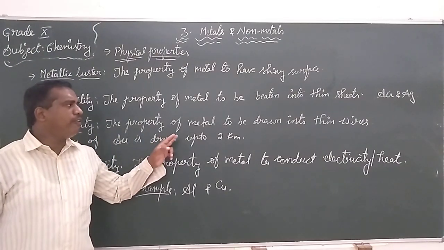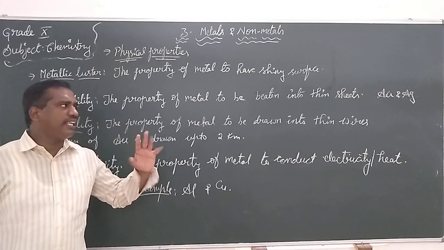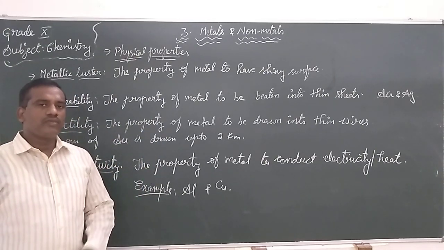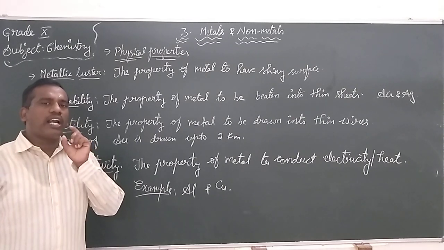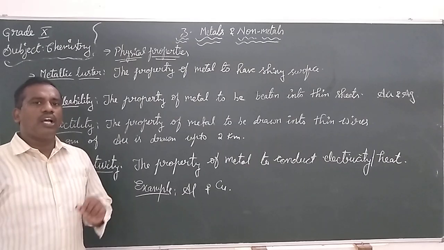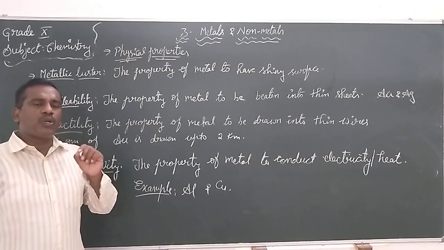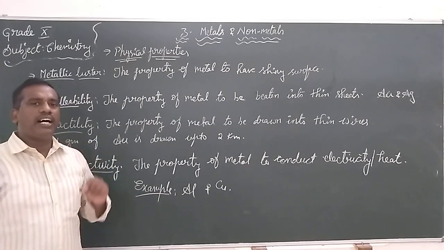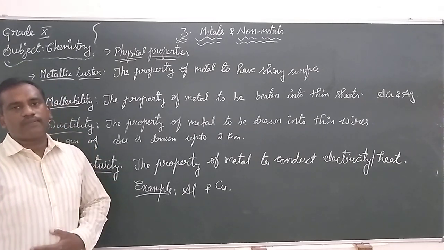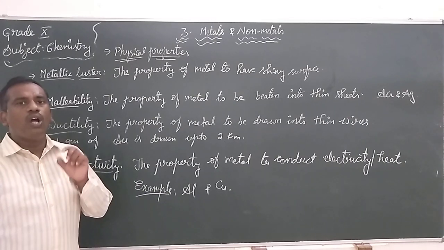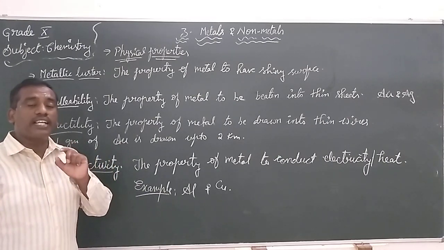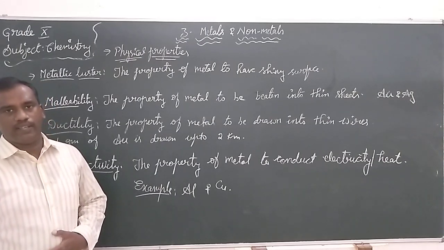The property of a metal to be drawn into thin wire is called ductility. If you take 1 gram of gold, you can draw it into a very thin wire that can extend up to 2 kilometers in length. See, that much ductility the gold is having.